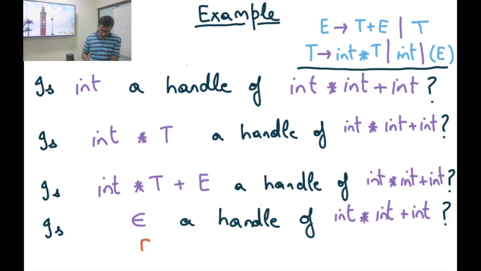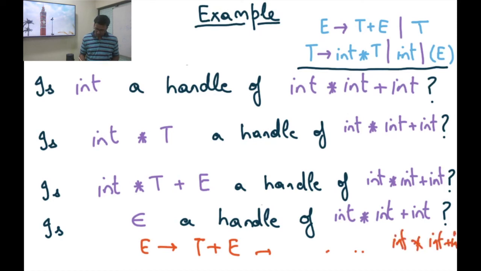So for example, I just say E goes to t plus E. I can go all the way to int star int plus int, but there is no step here which is going to derive epsilon on the leftmost side of the string from a non-terminal, because there is actually no production that produces only epsilon in the grammar, and so the answer here is no.